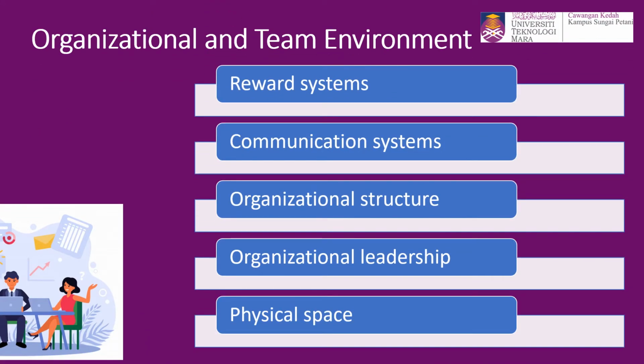To start with, let us look at organizational and team environment. The organizational and team environment is the base or one of the strongest sources which leads to an effective team. It is viewed as a resource pool which supports the team ability to achieve the objective.